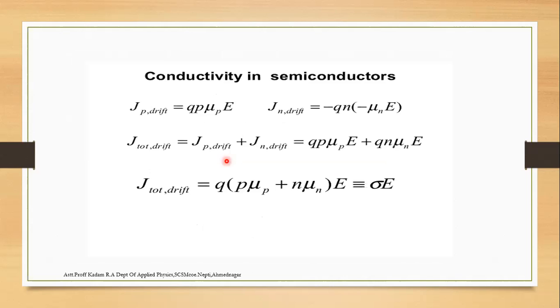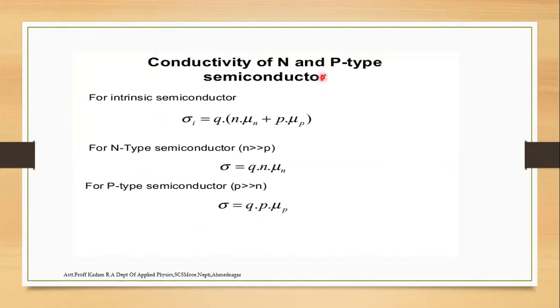Then this conductivity, related to the semiconductor, involves the drift velocity for the p type and the drift velocity for the n type. So add these two, n and p, and solving the last, it is sigma into E. This conductivity is related to the n type and p type. First, for the intrinsic semiconductor, sigma i is q times n mu n plus p mu p.